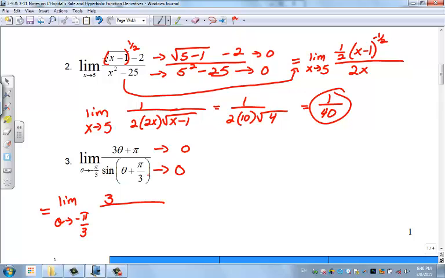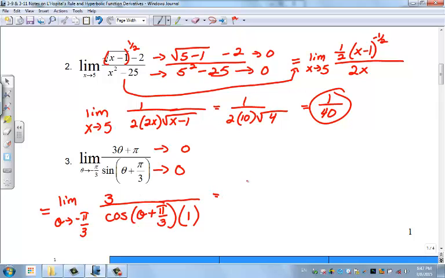Derivative of the sine of something is the cosine of that thing, so it's cosine of theta plus pi over 3, and then times the derivative of the inside, which is 1, right? So now you have that. The bottom clearly cannot approach 0 again, so we're not going to have to use L'Hopital's again. By the way, you can use it over and over again if need be. So we're just going to plug in now.